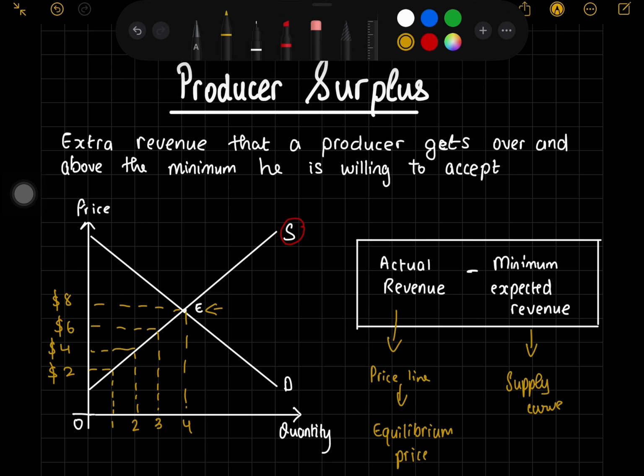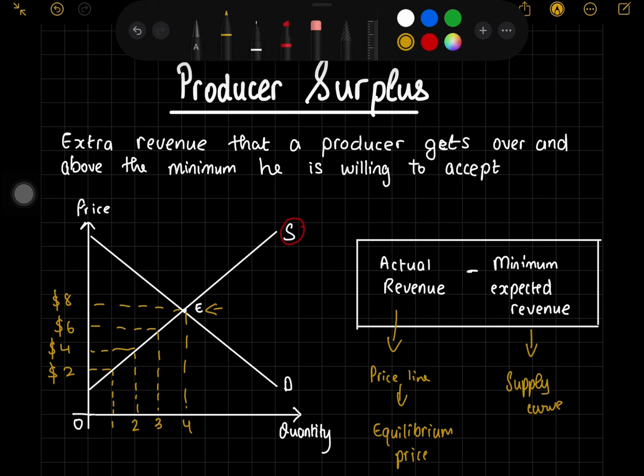However, if sometimes something goes beyond our expectations in a good way, we are satisfied. This is our surplus, right? So for the first unit, he is expecting $2, but he actually obtains $8. So he is benefiting, he is very happy.